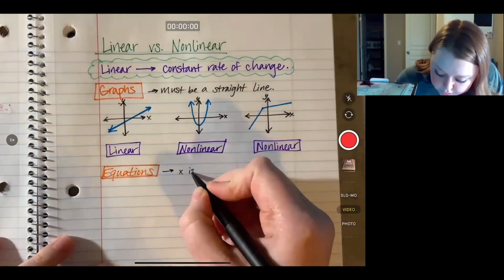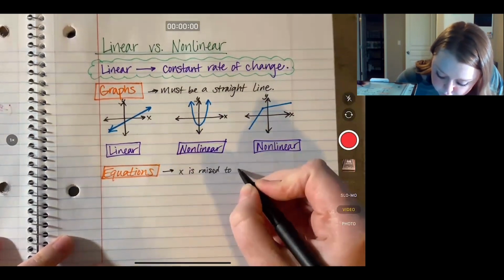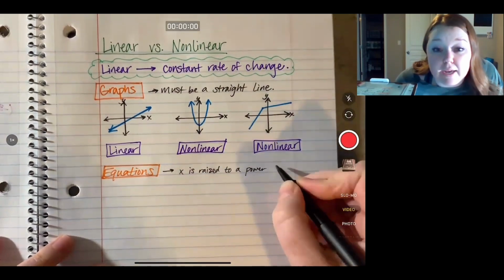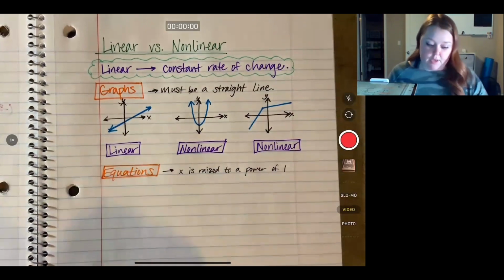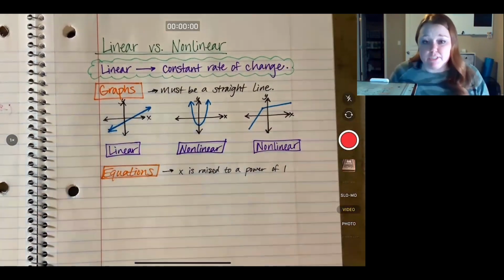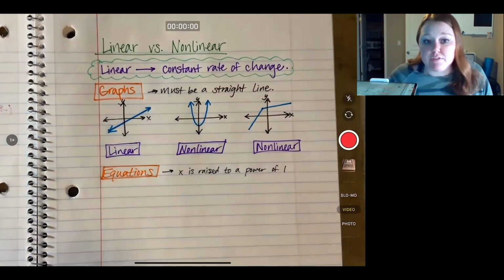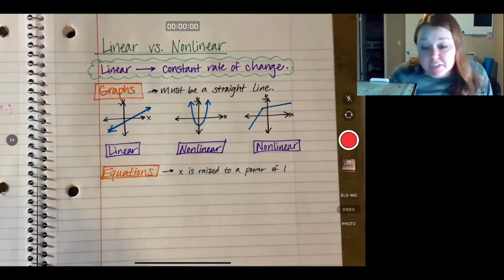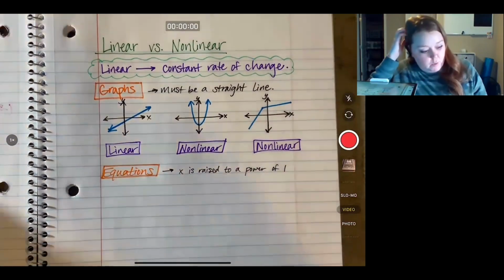X is raised to a power. If you don't like the word power, maybe write exponent of 1, okay? So if it's raised to the power of 2, nonlinear. If it's raised to the power of 10, nonlinear. If it's raised to the negative first power, it's nonlinear, okay? So raised to a power of 1 is kind of what we're looking at.